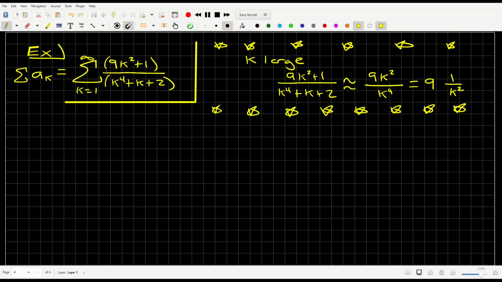So the ak is 9k squared plus 1 over k to the fourth plus k plus 2. And what we're going to look at is bk is 9 over k squared. We'll look at the limit of ak over bk as k goes to infinity.